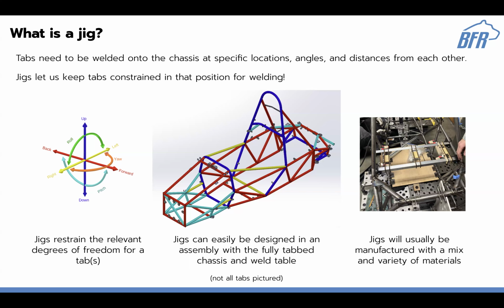Jigs are meant to be easily designed in an assembly. You need to be able to reference the chassis itself, all the tabs on it, as well as the welding table that you'll see below. Over the next week, as all the tabs get finalized, you'll start to see more of the chassis jig assembly, which includes the chassis, all the welded components that go onto it, and then the table itself, so people can start making their own assemblies with jigs in them.